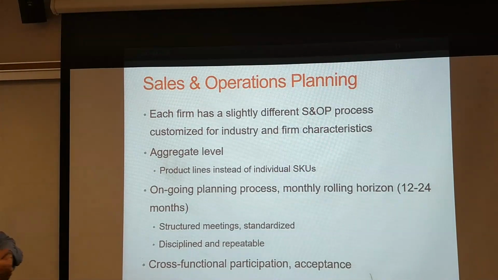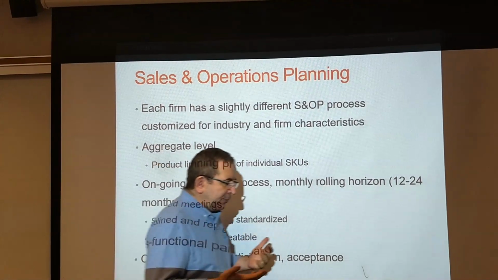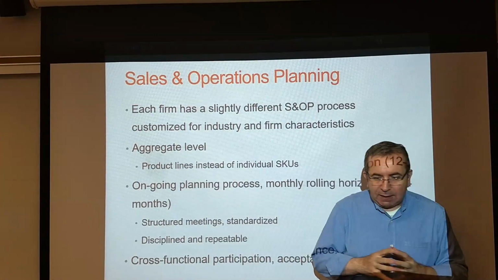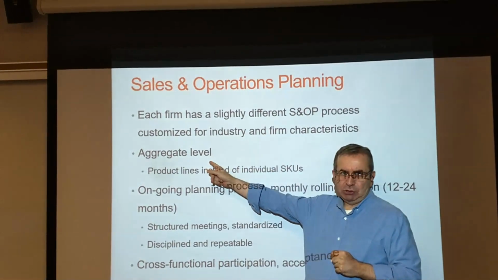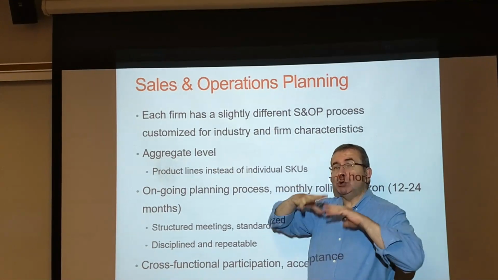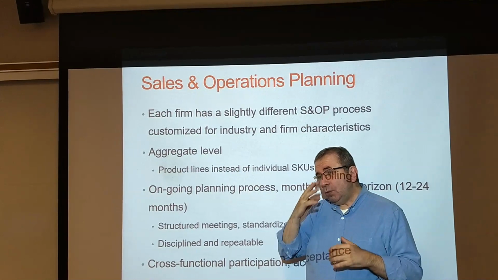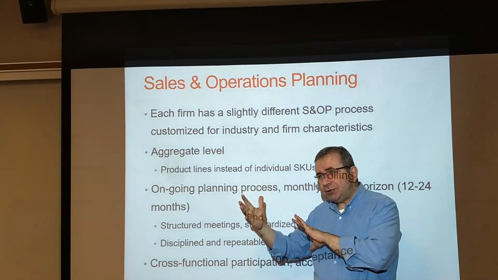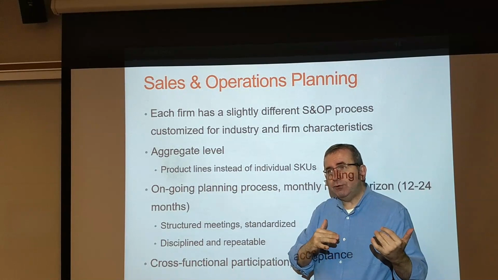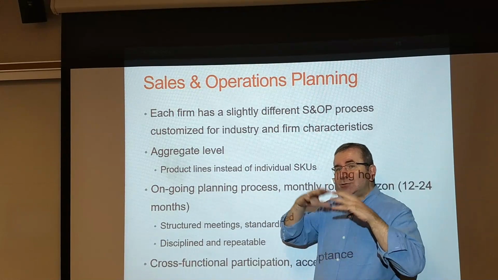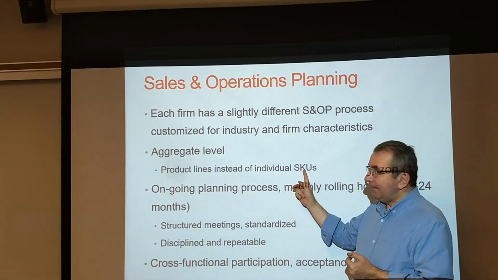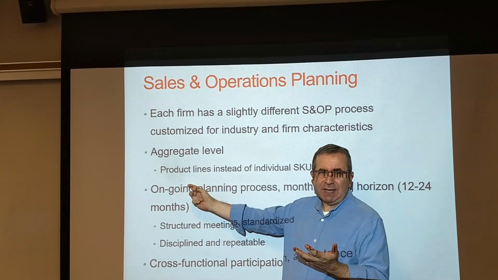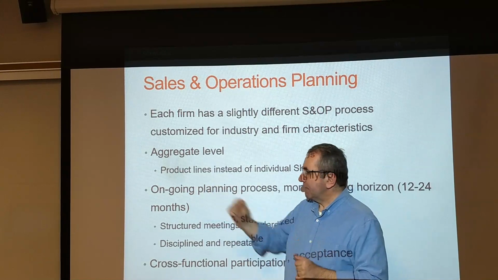So the sales and operations plan looks at the aggregate level, aggregate sales, total sales. So when we're talking about constraint forecast, unconstrained forecast, we're talking about total sales, not individual SKUs, okay? Or sometimes it's product lines, okay?